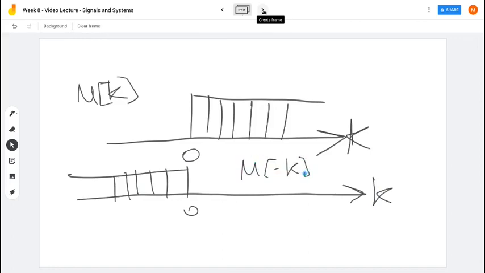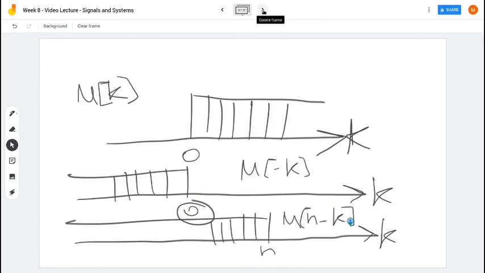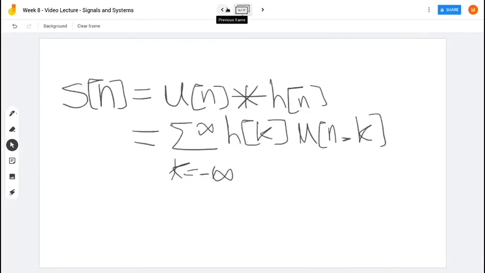And then we will start shifting this unit step such that this 0 becomes n, and this would be u of n minus k. As we can see, u of n minus k starts from minus infinity up to n. So going back to our summation, this summation would be for k going from minus infinity up to n of h of k.